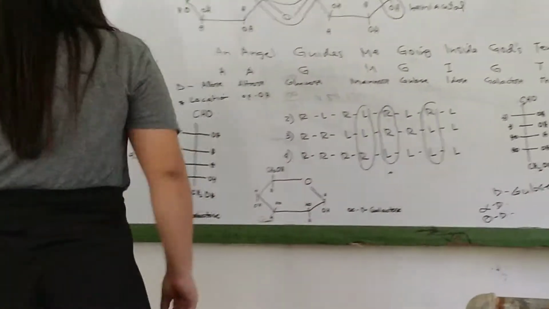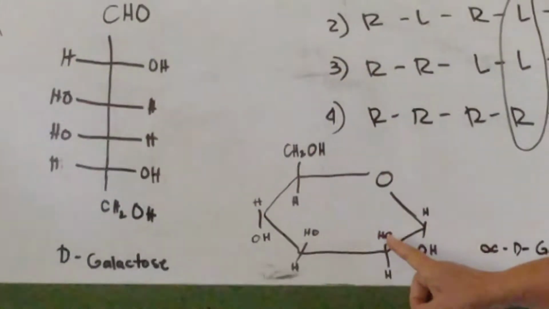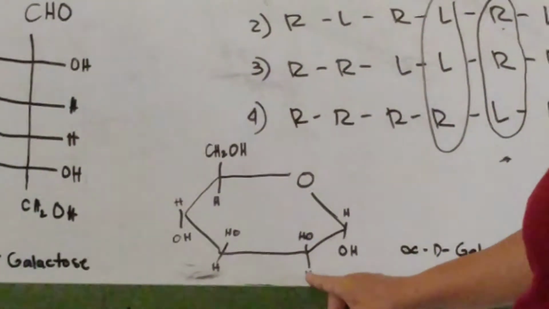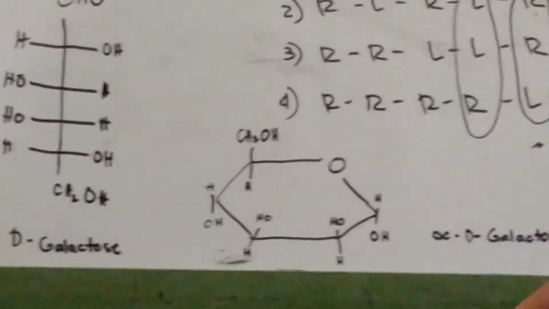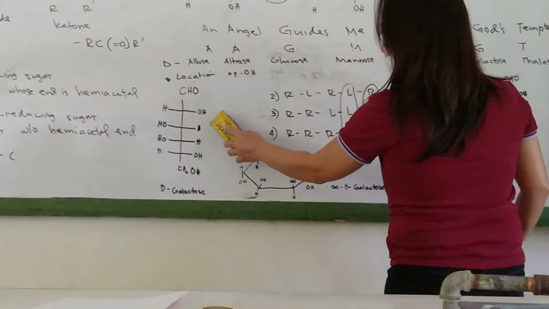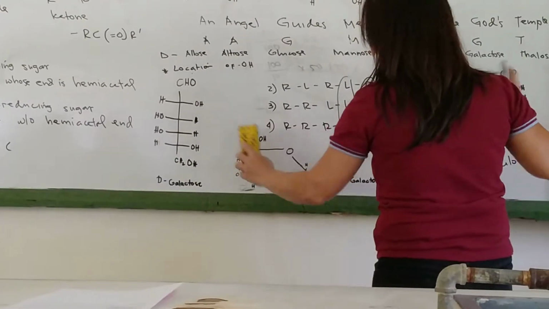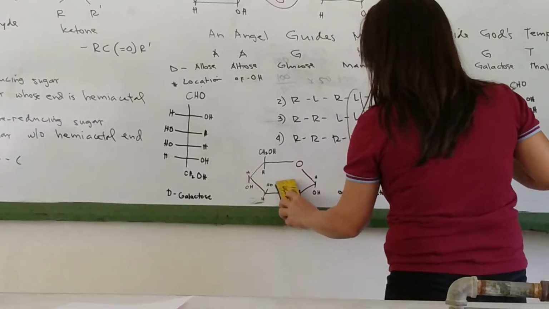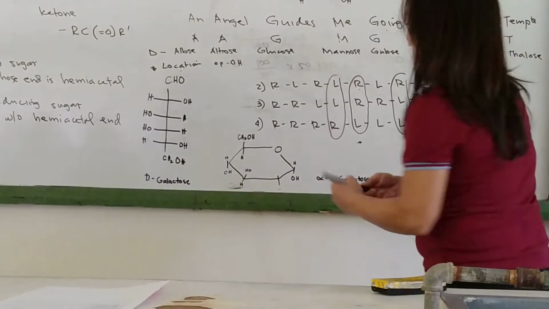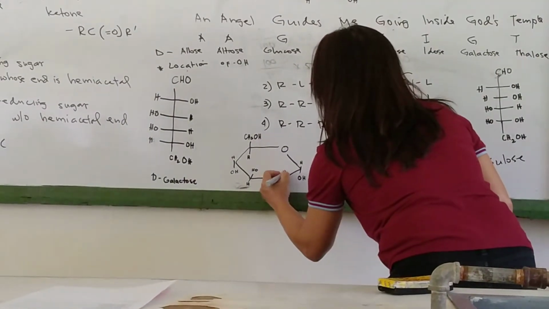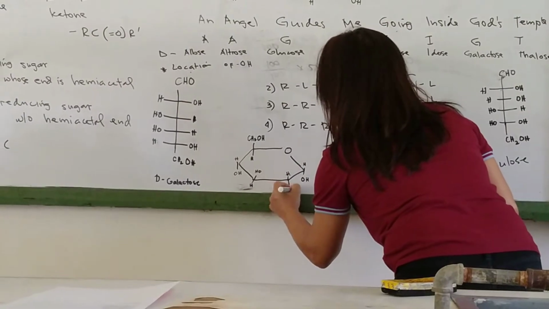That's alpha-D-galactose. Right? The OH should be on the right, so it goes down.